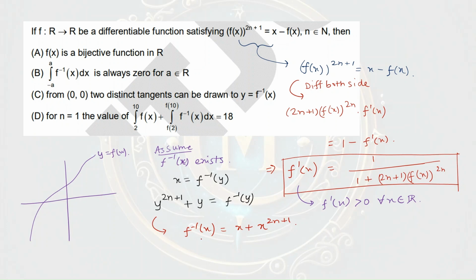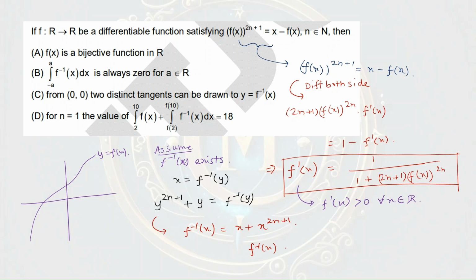To check the behavior of f inverse x, we tend x towards minus infinity and plus infinity. When x tends to minus infinity, f inverse x tends to minus infinity, because this is some odd power of x and this is plus x. Similarly, if I tend x to positive infinity, this function will go towards infinity.